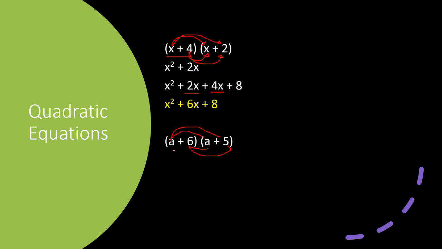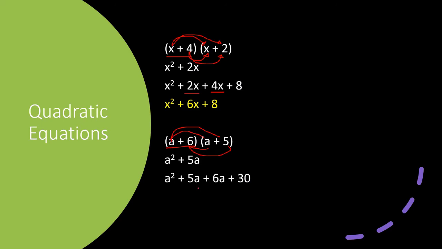So the a times the a is equal to a squared, and a times 5 is equal to 5a. For my second half of this multiplication process, I'm going to multiply the 6 times a, which is 6a, plus 30, because 6 times 5 is equal to 30.